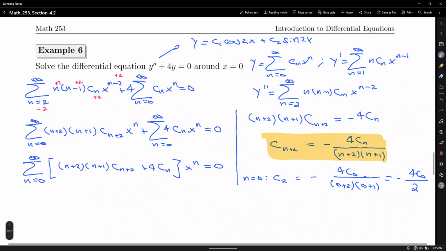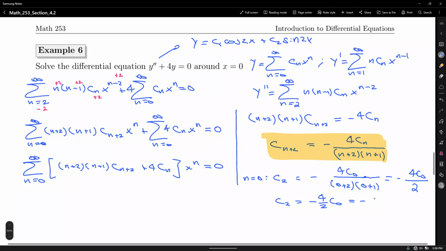And this is equal to, okay, so c sub 2 furthermore is negative 4 over 2 c sub 0. Okay, guys, check what we're going to do. I know what you might be thinking. Yes, divide 4 by 2. I know you're going to go like, why? You'll see later.